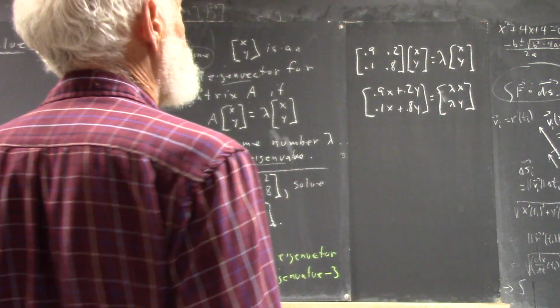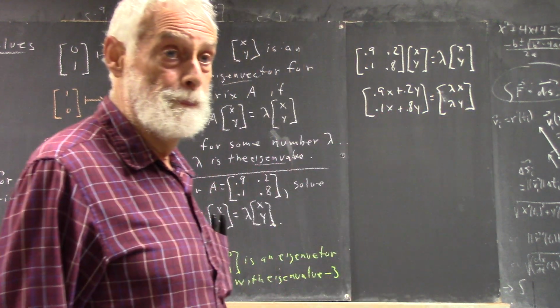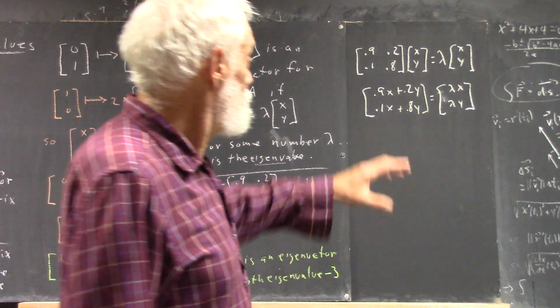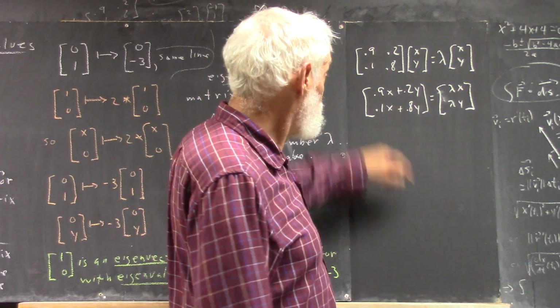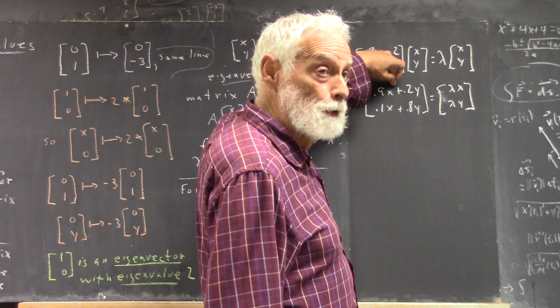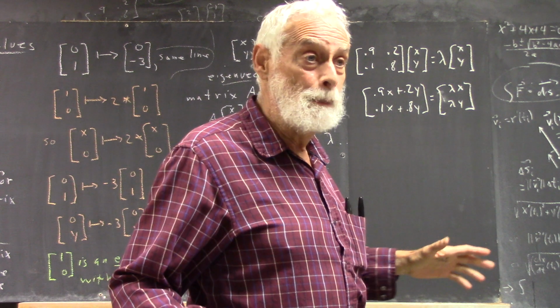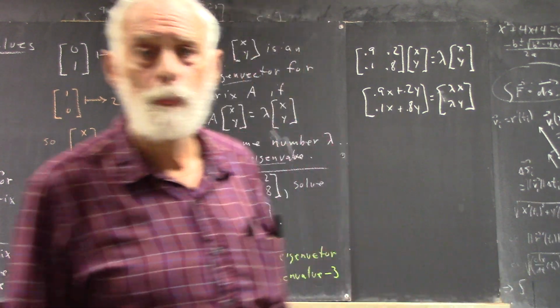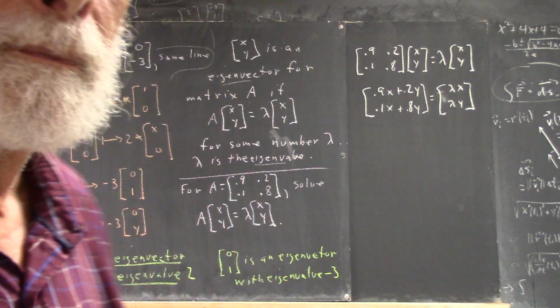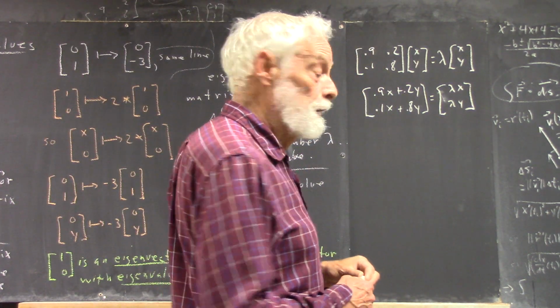Now, how could this possibly be equal to this? What does it mean for two vectors to be equal? It means that the first element, the first row, has to equal the first row, right? Two vectors can't be the same if their first rows are different. And also the second row has to equal the second row.